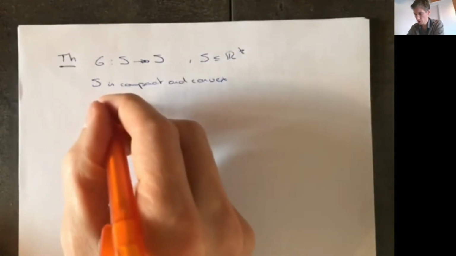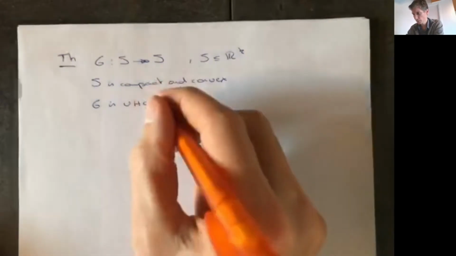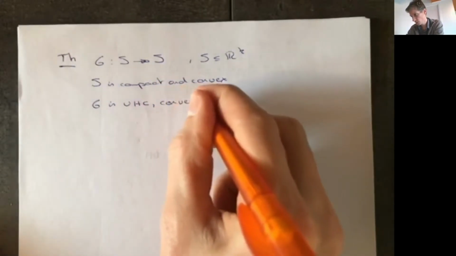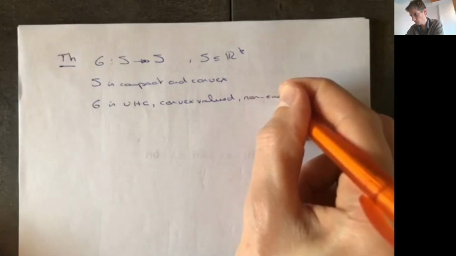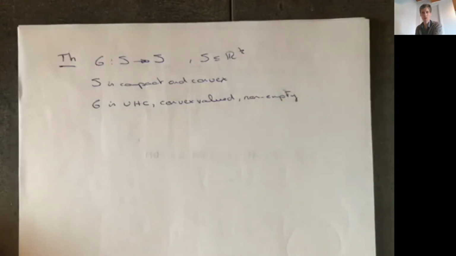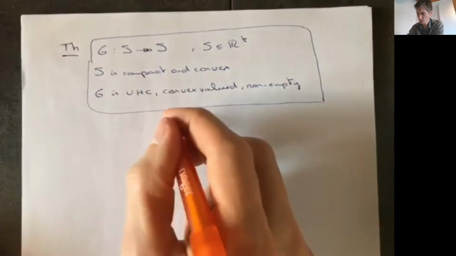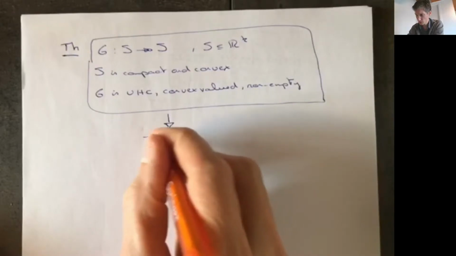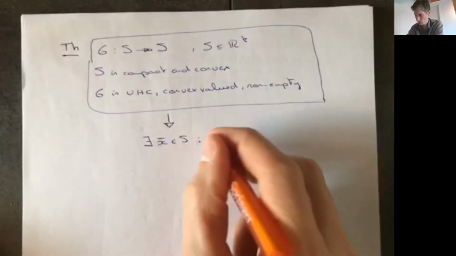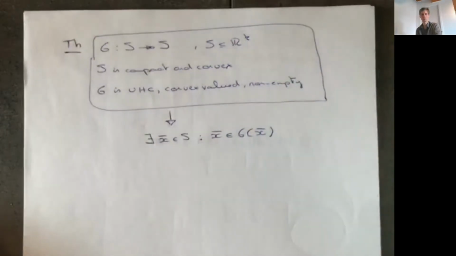And G is upper hemicontinuous, convex valued, and non-empty. Okay. Well, if all these conditions are satisfied, then there exists some vector x in S such that x is in G of x. Okay, so that's Kakutani's fixed point theorem.